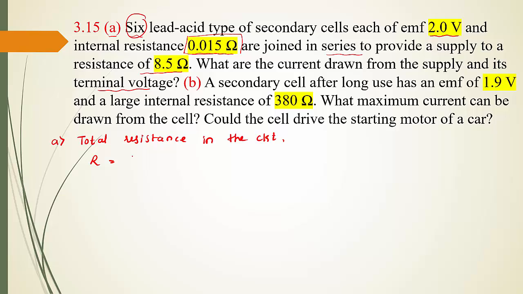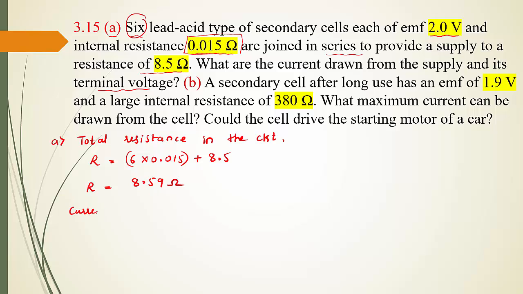So we can write 6 into 0.015, plus one more external resistor, which has the value 8.5 ohm. So we will get a total resistance in the circuit of 8.59 ohm.